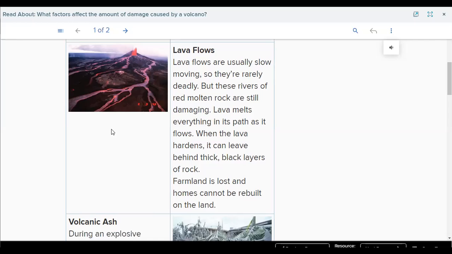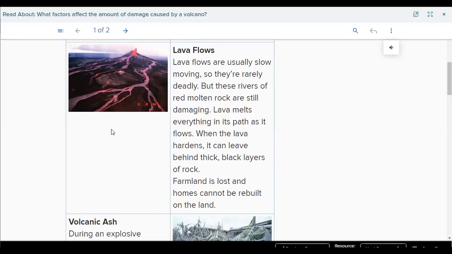Lava melts everything in its path as it flows. When the lava hardens, it can leave behind thick, black layers of rock. Farmland is lost and homes cannot be built on the land. Thanks. So it's called lava flows.